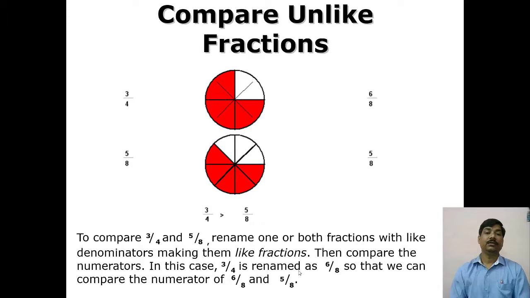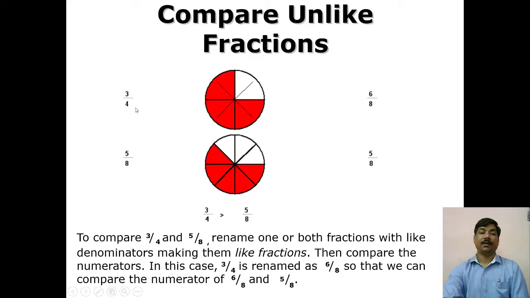How do we compare unlike fractions? To compare unlike fractions, like 3 upon 4 and 5 upon 8, rename one or both fractions with like denominators.